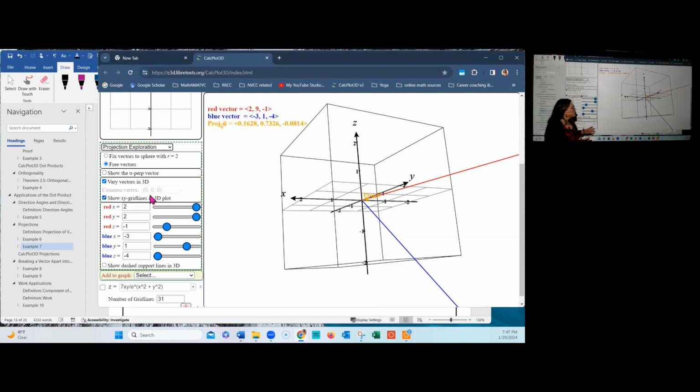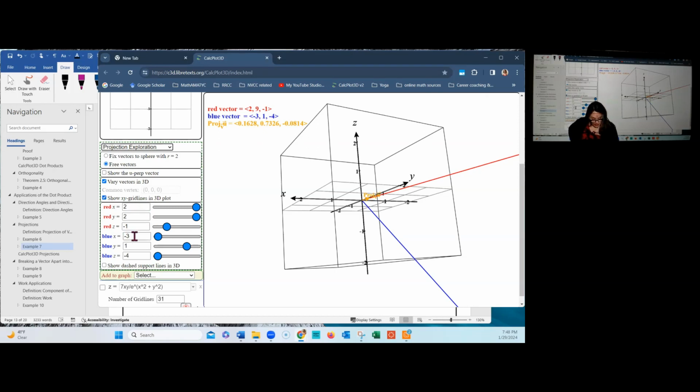Calc3D always projects blue onto red. All right, so it's projecting blue onto red. So if we want the projection of V onto U, which is the last one we did, then we need to have V be the blue one and U be the red one.